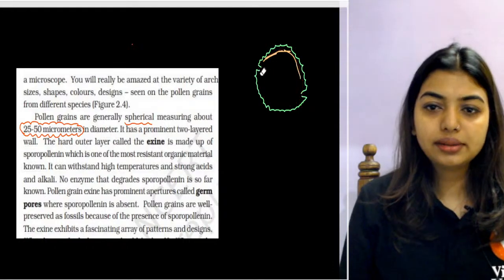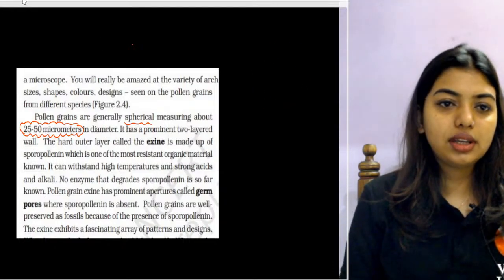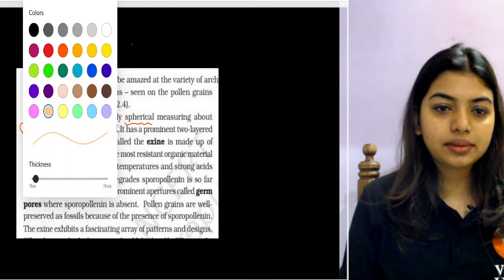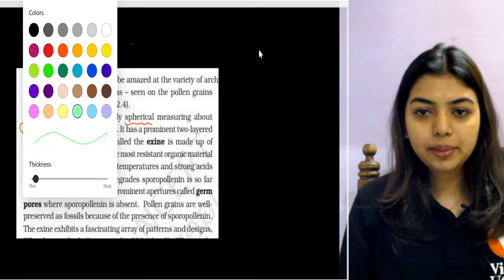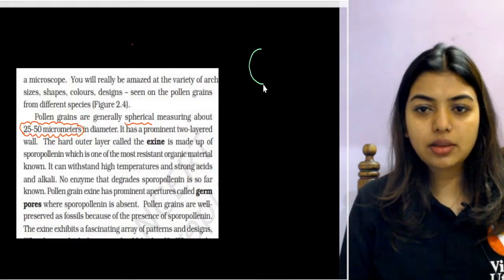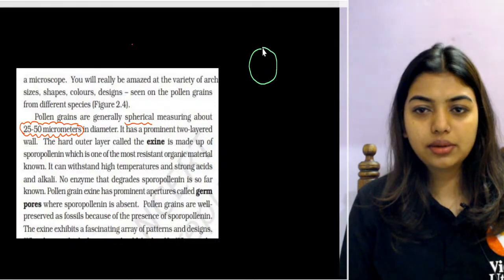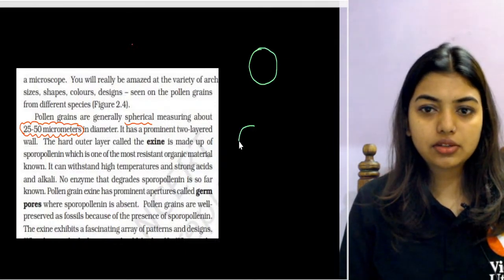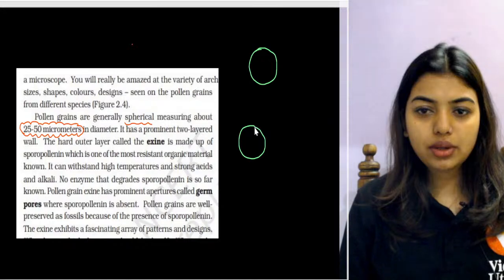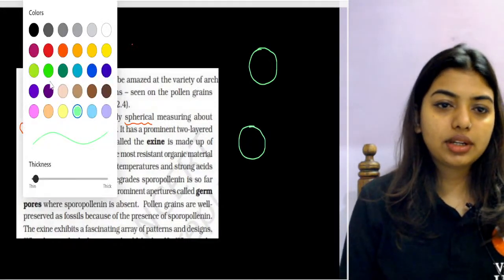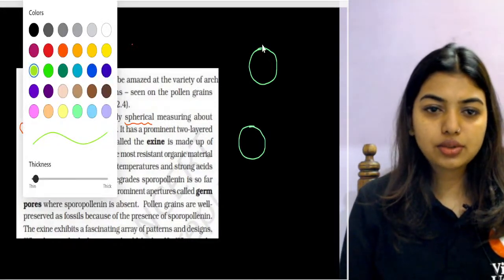Does it look bad? Sorry students, I'll draw it again better. Okay, this is a pollen grain. Let's draw it smaller. This is a pollen grain. Even this is going to be a pollen grain. Okay, and they are telling pollen grains have two outer layers. Okay, two outer layers.